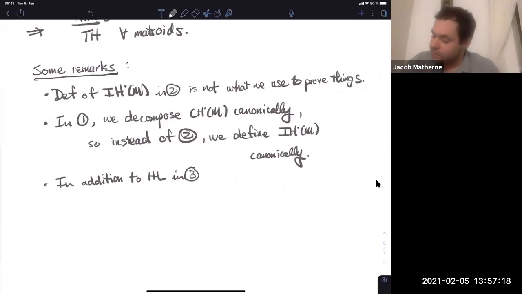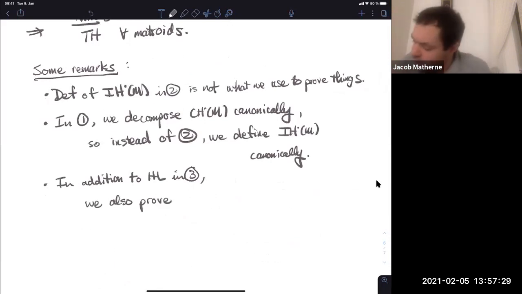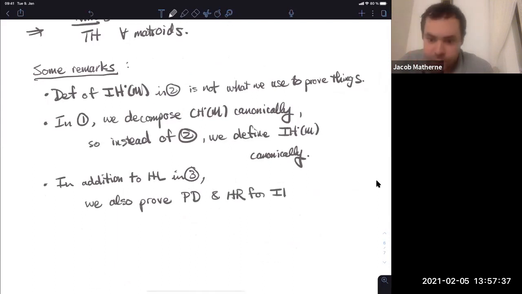But we can't prove it alone. As probably a lot of you know, you have to prove lots of other things all together in some big induction. So we prove Poincaré duality and the Hodge-Riemann relations for each of them as well. And all of these things are part of a very large induction.